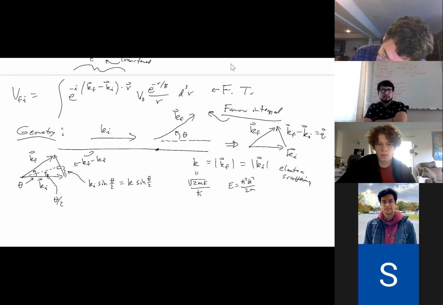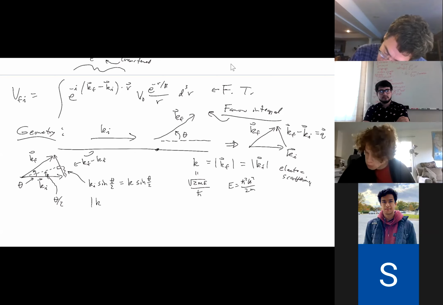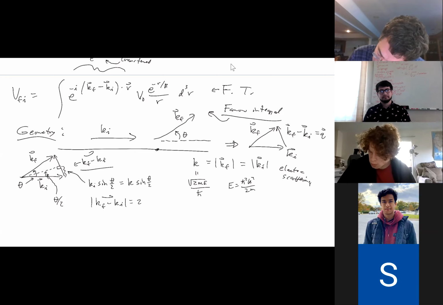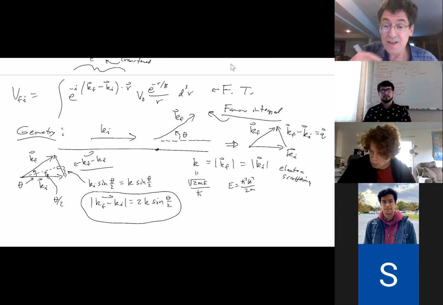So that means that the length of this kf minus ki vector is equal to 2K sine theta over 2. Oh my God, that's pretty tricky and clever. It's simple when someone shows it to you, it's just trigonometry, but it's the kind of thing where you'd never have thought of it on your own.